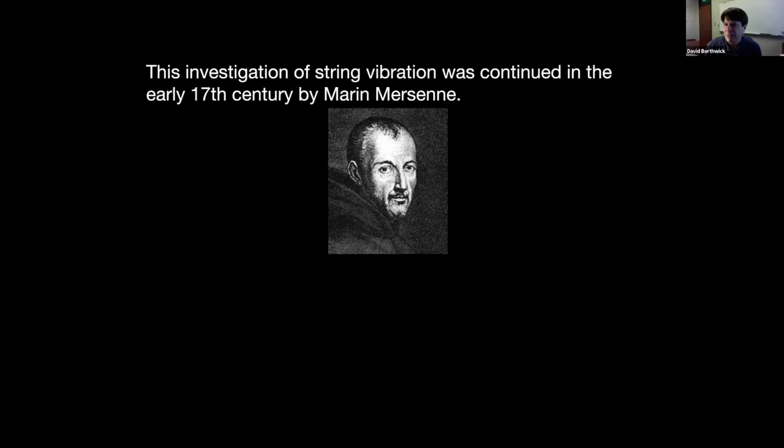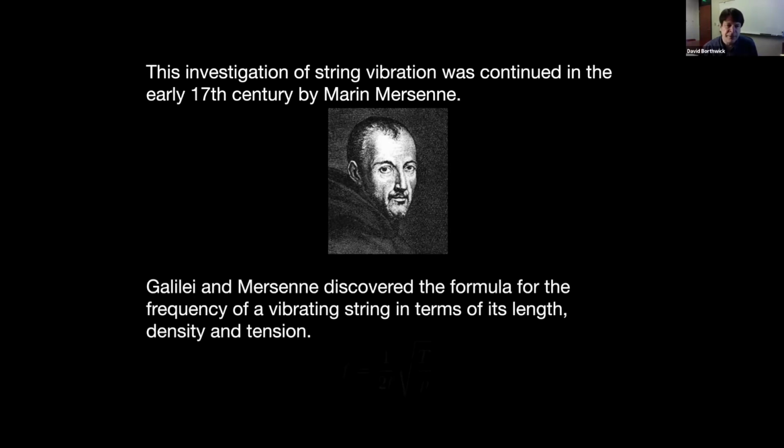So Mersenne was actually a French priest, but he was also a mathematician and a physicist and a musician. And he was a friend of Galileo, who was Vincenzo's son, who was obviously much more famous as a scientist, or eventually much more famous as a scientist than his father was as a lute player.